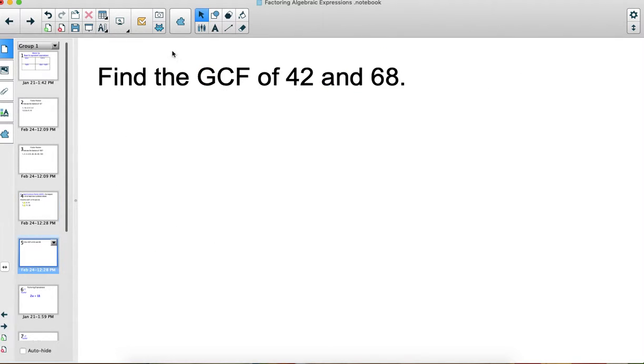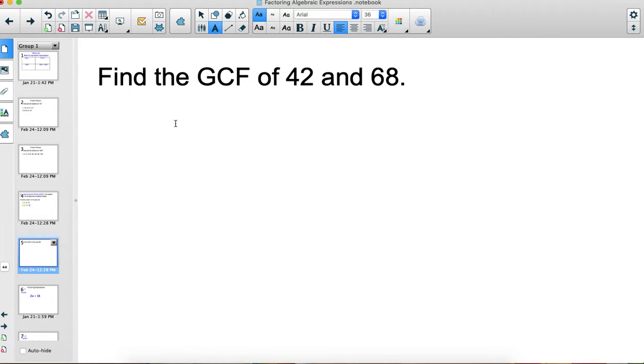I call it a factor tree. So the way I do a factor tree is I put one number here, 42, and then the other number will be 68. And then you branch off. You could use any factors. What are 2 numbers that multiply to get 42?